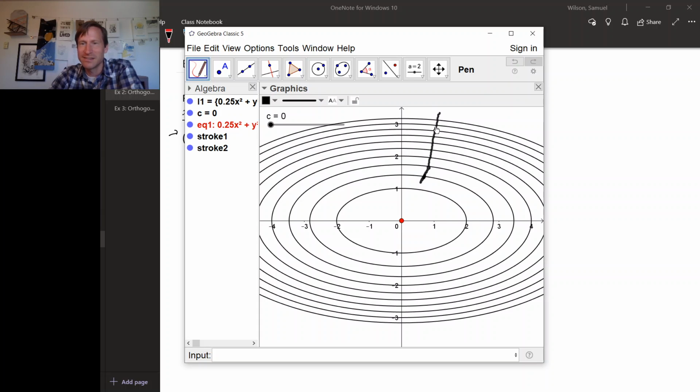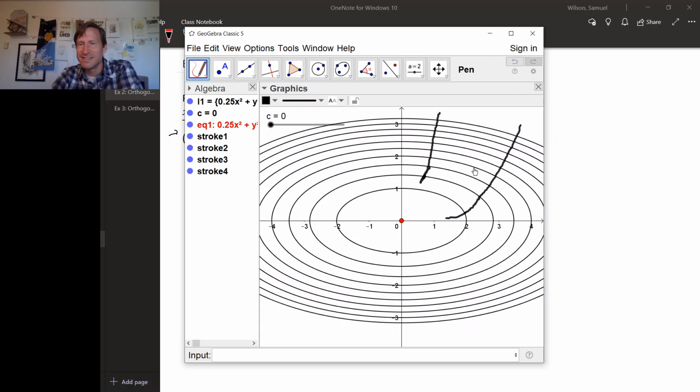So something like this. Of course, if we draw a curve starting over here, it's going to be perpendicular to that one, and then perpendicular to this one. So you can see traveling from one ellipse to the next tends to curve the graph that we're looking for.